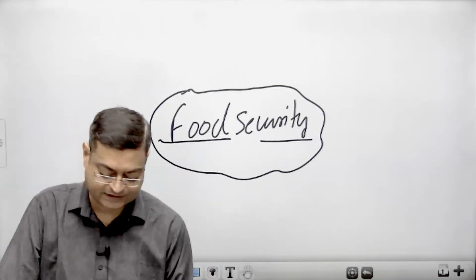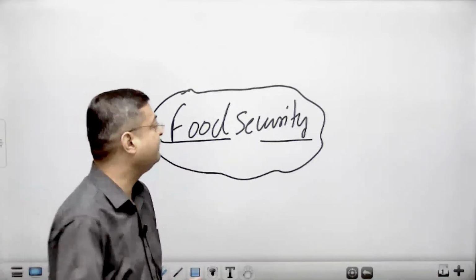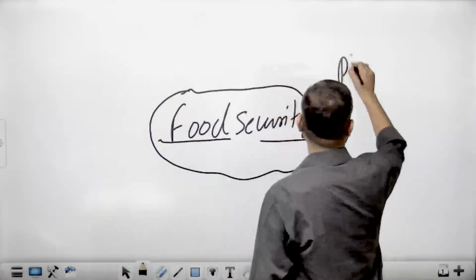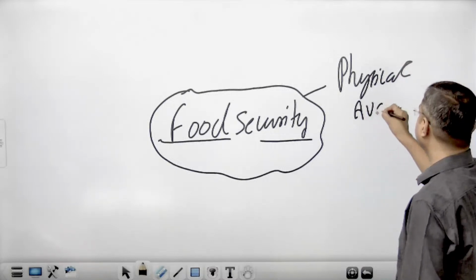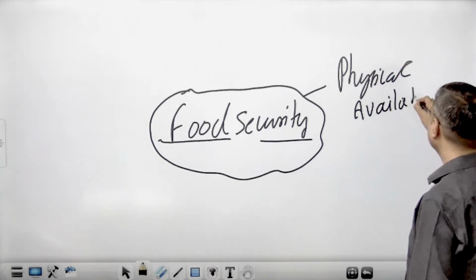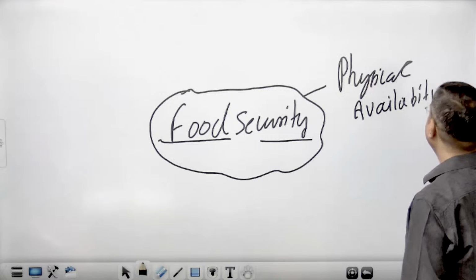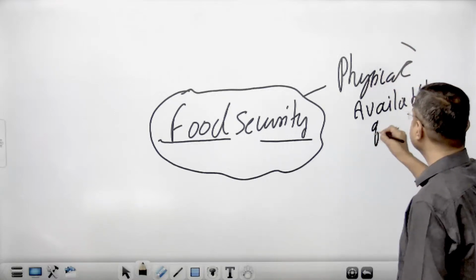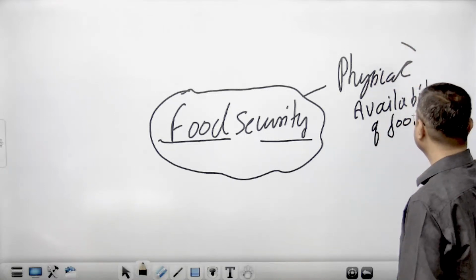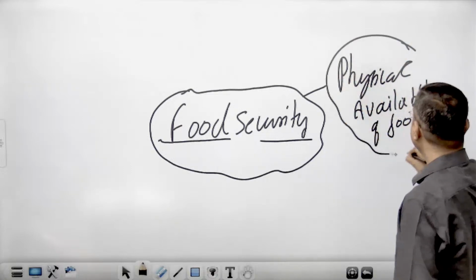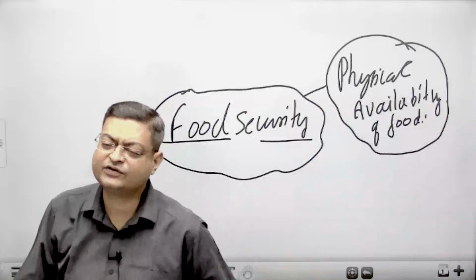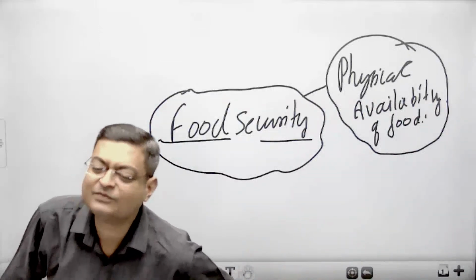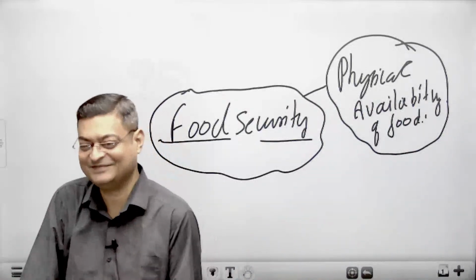So the first thing is that there must be physical availability of food. There are 4 dimensions of food security. So first is physical availability of food. Then फिर लिखना शुरू कर दिया टॉपिक. बाद में कर लेना.